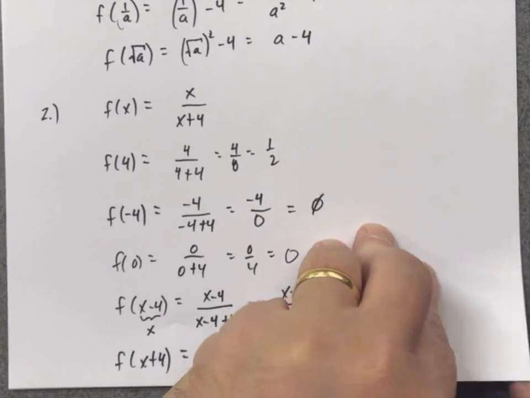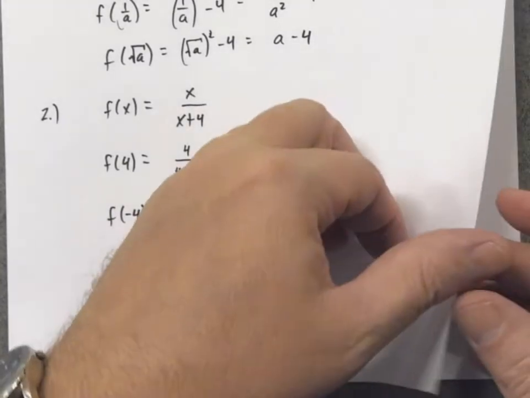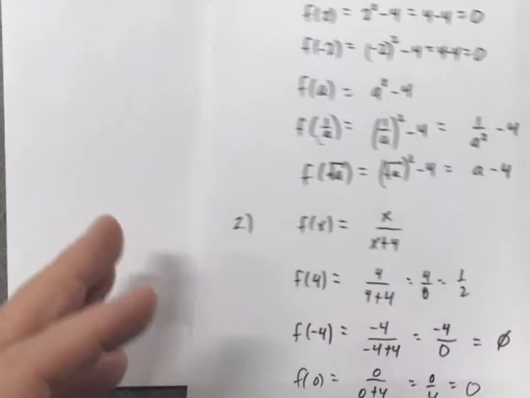Now problem number 3 is also function notation, but now we're given what we call a piecewise function. A piecewise function is where the function actually changes and the function that you're going to use is determined by the value of x.